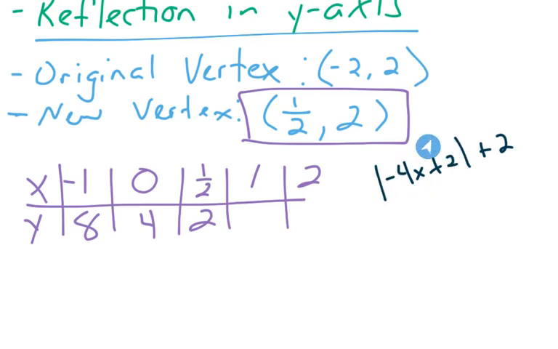The absolute value of negative 2 is 2, and then 2 plus 2 is 4. We'll do the same thing with 2. 4 times negative 2 is negative 8. Negative 8 plus 2 is negative 6. The absolute value of negative 6 is positive 6, and then 6 plus 2 is 8. So we still have that nice symmetry in our table. Now we just have some larger numbers.